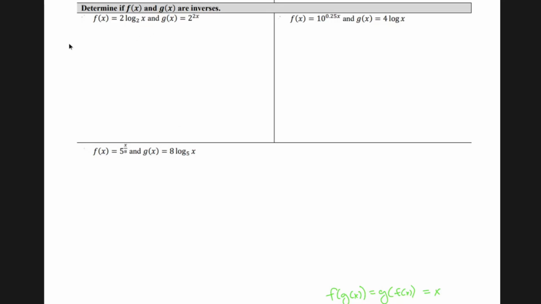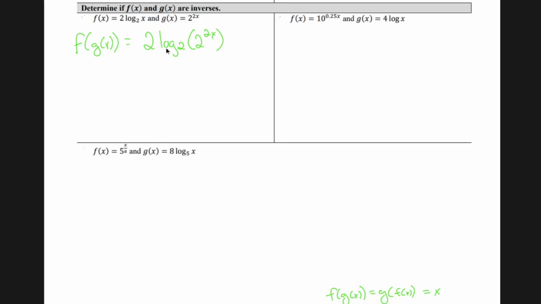So f of g of x is going to be me writing out 2 times log base 2 of 2 to the 2x. Okay, write out your log, leave a parentheses there, and plug in your g into that x.